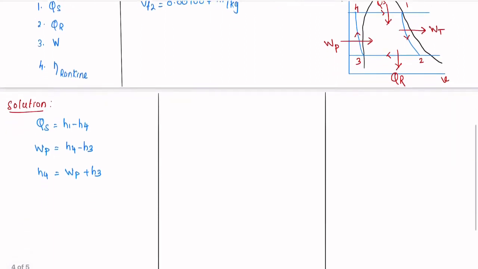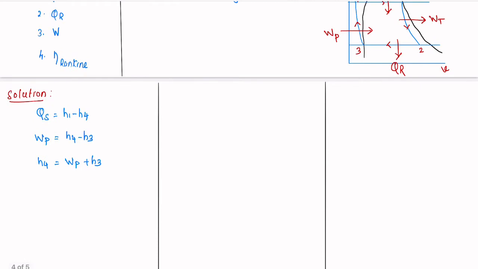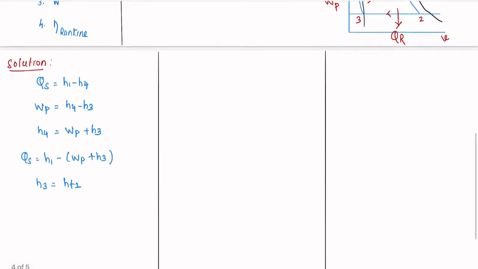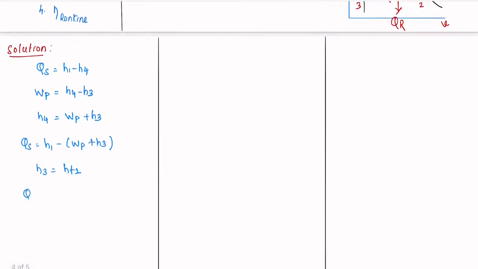And the heat supplied can be written as H1 minus (Wp plus H3). The value of H3 is equal to Hf2. We know that the value of H3 is equal to Hf2. Therefore, the heat supply equation will be heat supplied Qs is equal to H1 minus (Wp plus Hf2).